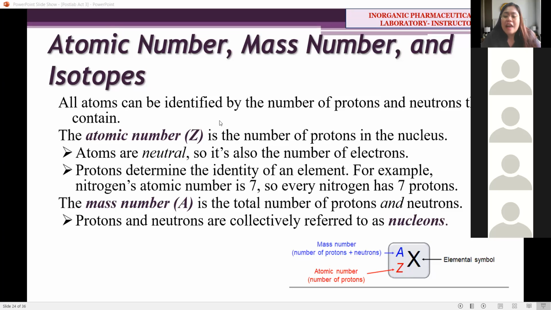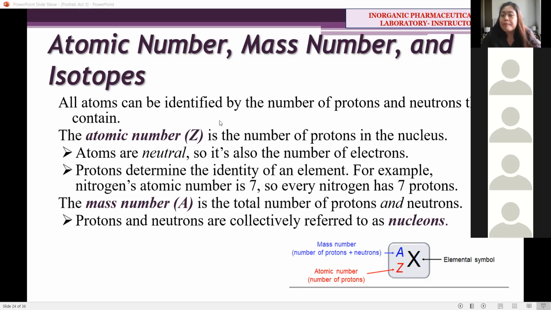And atoms are neutral. They don't really have charge because they have the same numbers of protons and electrons, so their charges cancel out. When they are no longer the same, when the number of electrons differs, that is the time the atom becomes charged. We don't call that an atom or element anymore. We call them ions. When it is charged, it is called an ion.